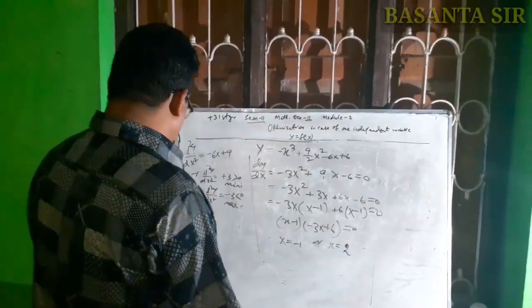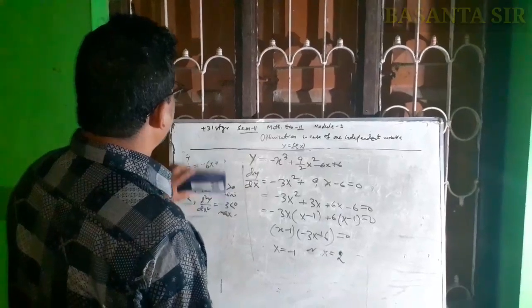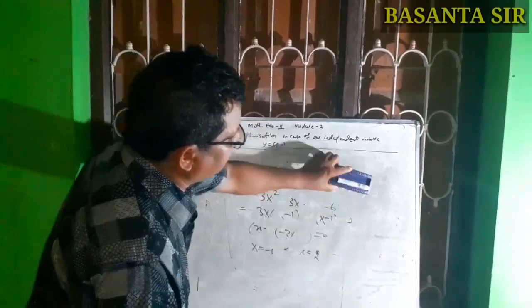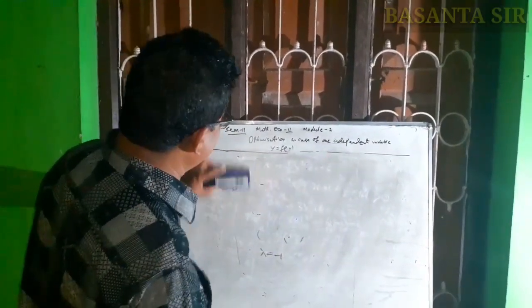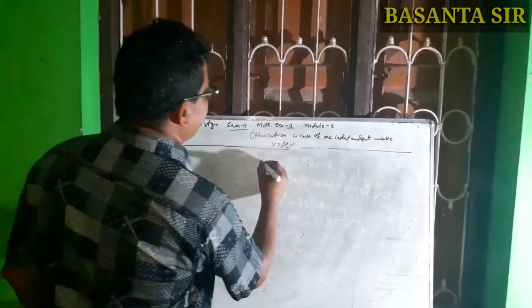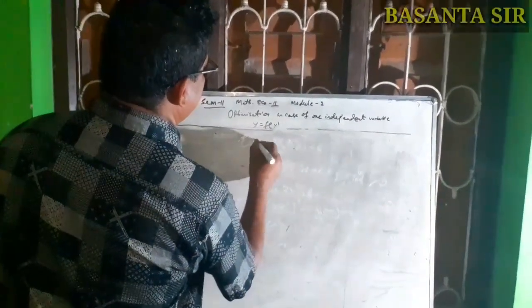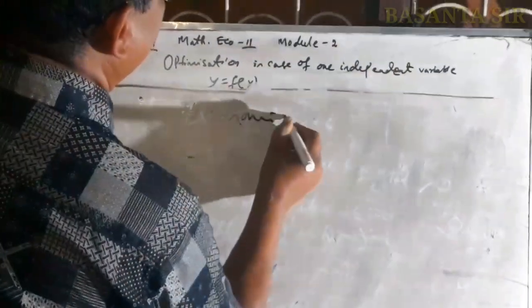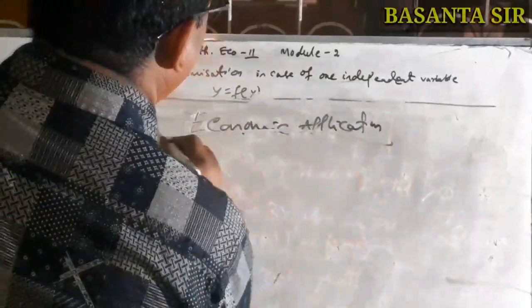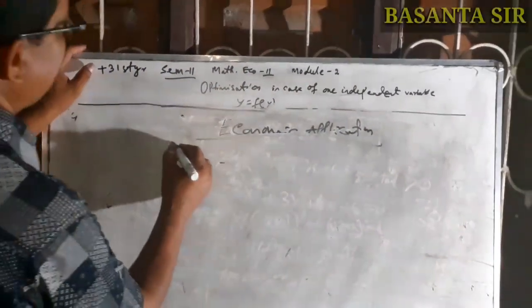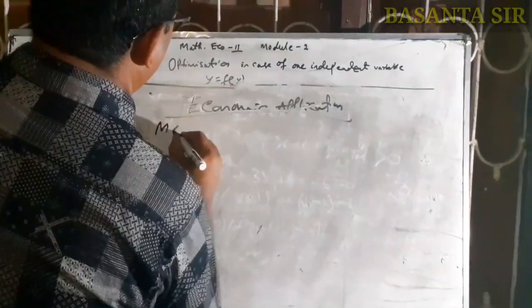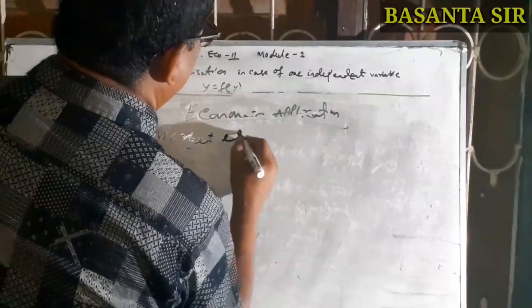Then we find the different types of values of x, or the functions to be maximum or minimum. Now, having known the conditions of maximum and minimum and some examples on it, how to find the function maximum or minimum, we will go for economic applications. Economic application of maximum and minimum. The first application is market equilibrium.